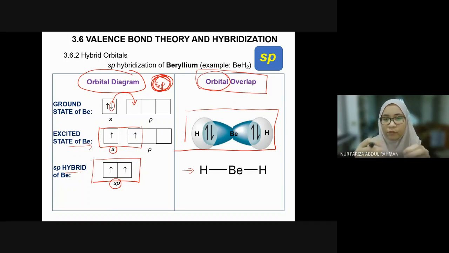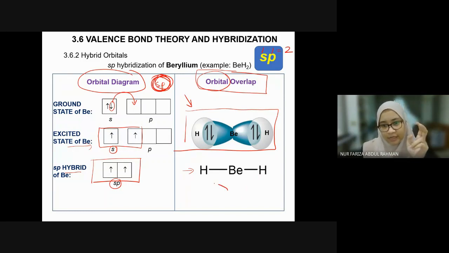So one of the ways to represent this orbital overlap is by drawing the orbitals overlapping. So how do we draw this orbital overlap? Easy. For sp, we have 1 plus 1 equals 2, so you should have 2 lobes.